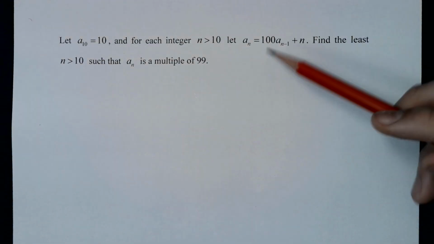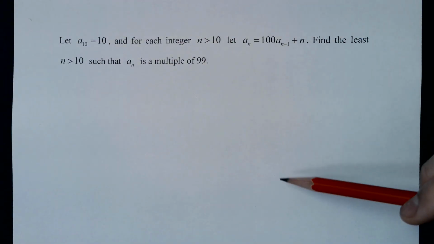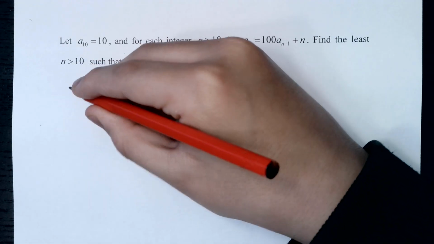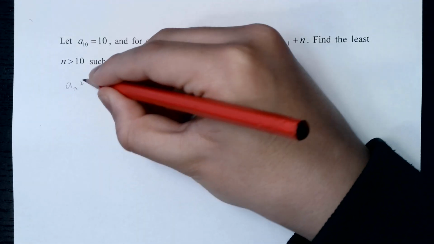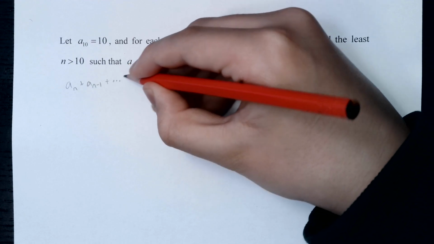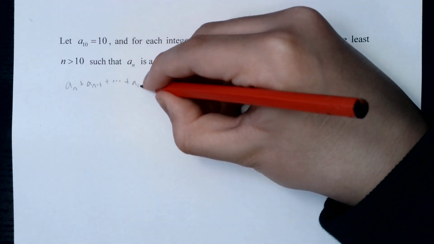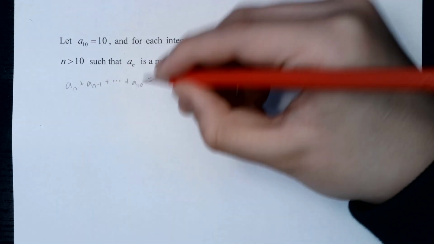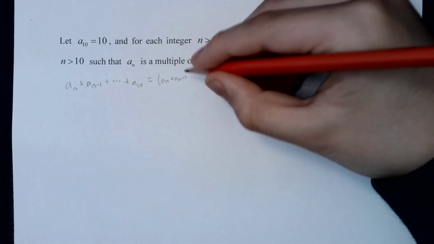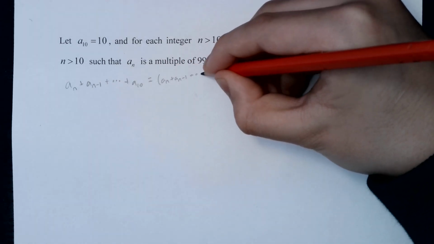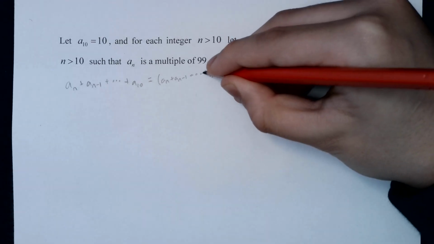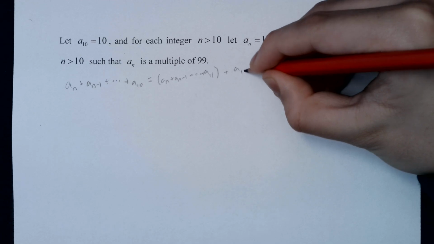So we have the recursive formula here, so let's try and find the sum of the numbers from an to a10. So I'm going to write it out: an plus an minus 1 plus all the way down to a10. Now this should equal, I'm going to split it up into two parts, an plus an minus 1 all the way down to a11, plus a10.